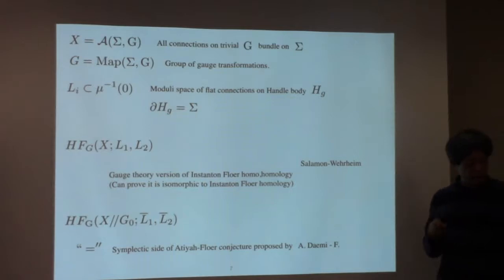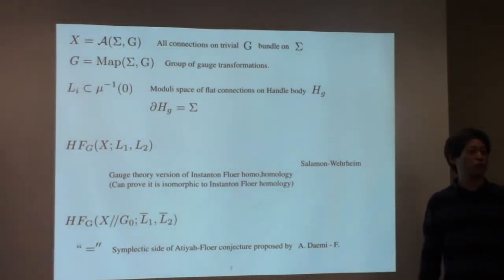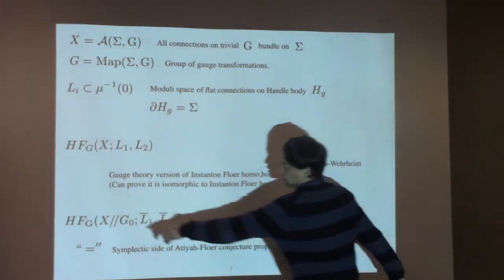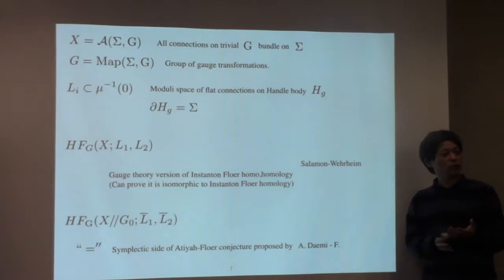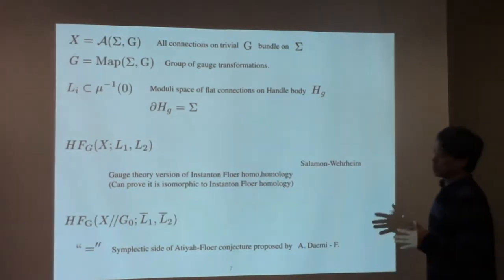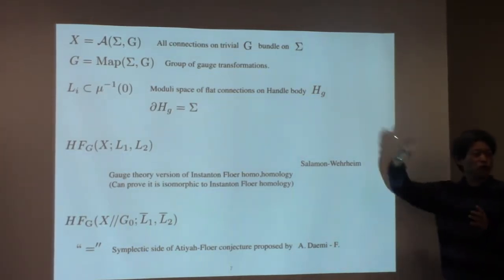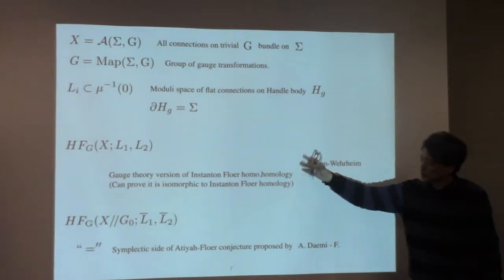And L_1 bar, L_2 bar is a smooth Lagrangian submanifold of this symplectic manifold. And this G, a gauge group like SU(2) or SU(n), acts through G divided by G_0. So you still have this finite dimensional group. So this infinite dimensional equivariant Lagrangian Floer theory is gauge theory.